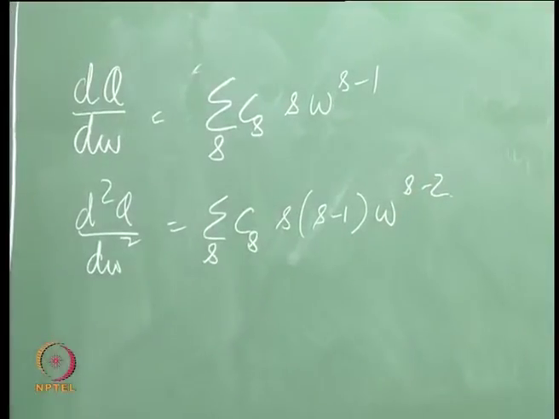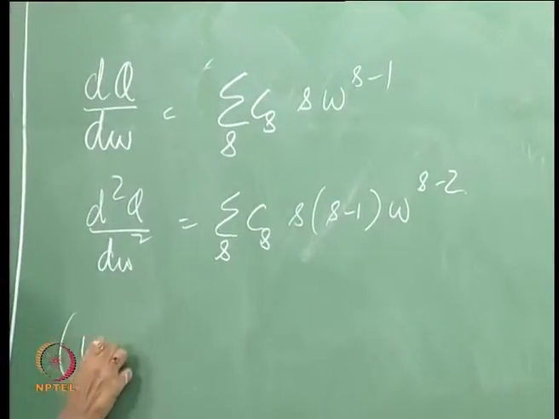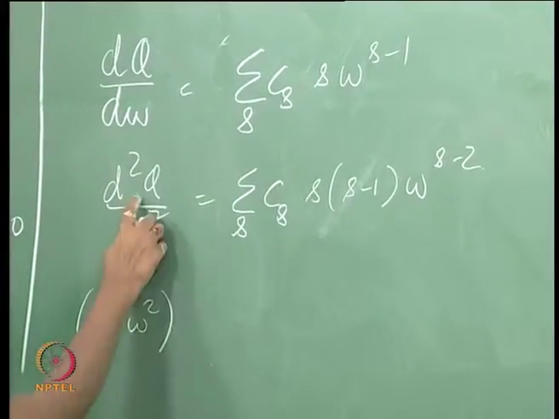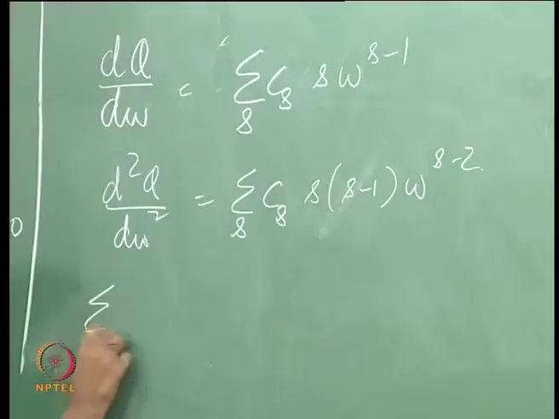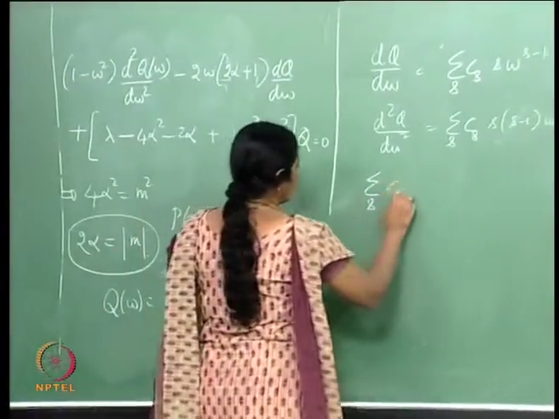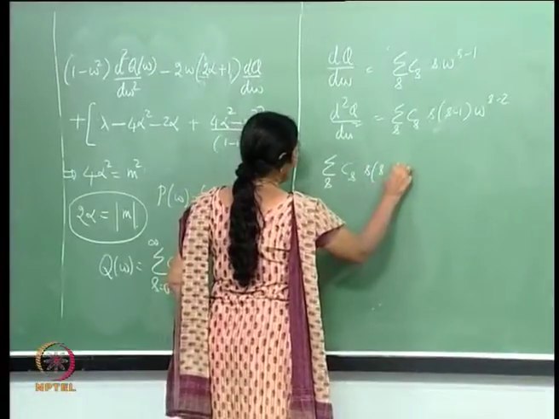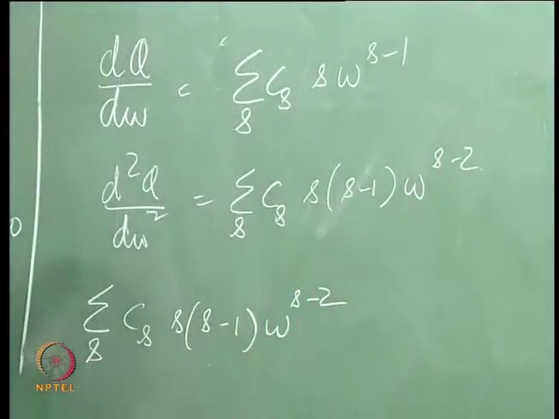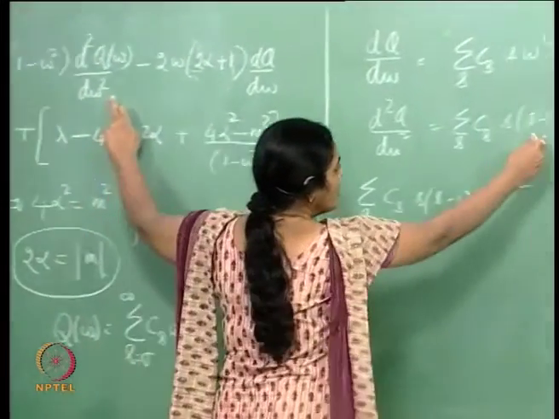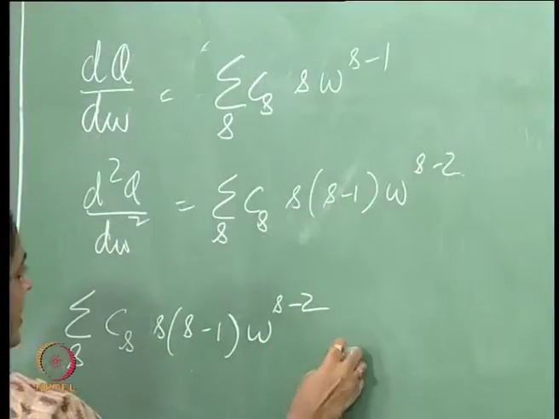Now, when I substitute back there, I have a term 1 minus w squared times d2q by dw squared. So, the first term 1 times this gives me the following, and then minus w squared times this will give me a power w to the s.